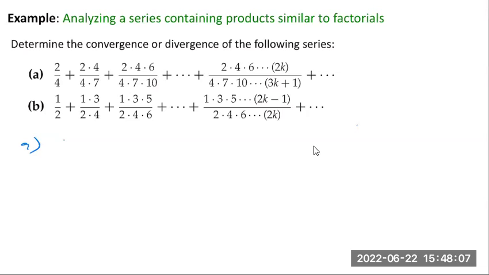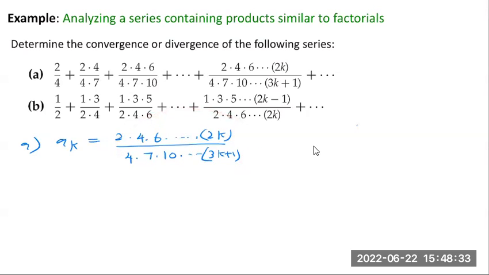Notice that first of all, I'm going to identify the k term. So a_k is going to be 2 times 4 times 6 times ... 2k, that's your a_k, divided by 4 times 7 times 10 times ... 3k plus 1. Okay, this is going to be your a_k.